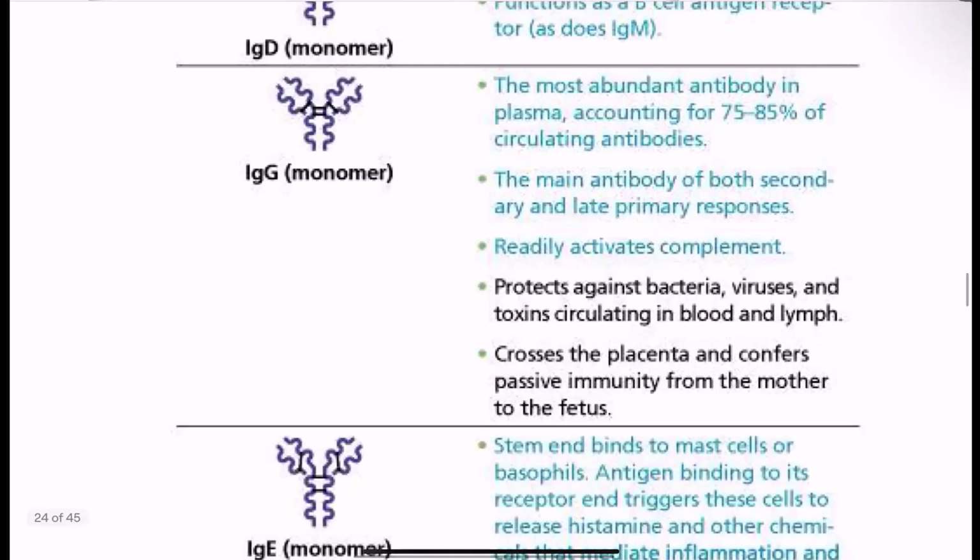IgGs are the most common type of antibodies that we have. They're most abundant, like 75 to 85% of our antibodies are IgGs. And they're tiny. They can activate the immune system really rapidly and the complement system too. These are the ones that cross the placental barrier for that passive immunity we were talking about. And they're especially active in the secondary immune response.